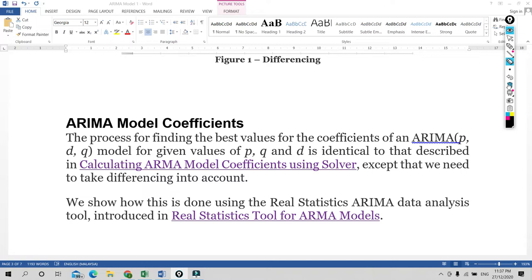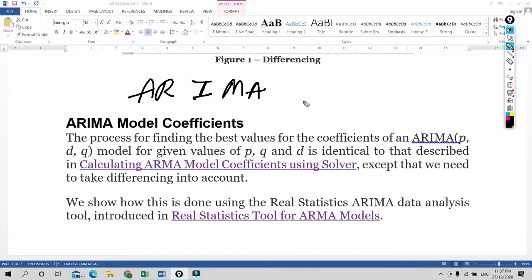The ARIMA model here becomes quite complicated because it involves both an AR and an MA model, and on top of that, you have to handle different things.